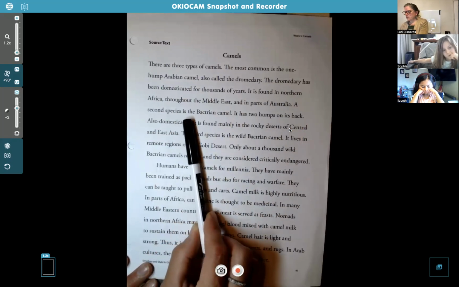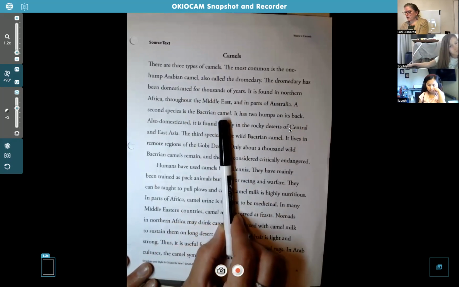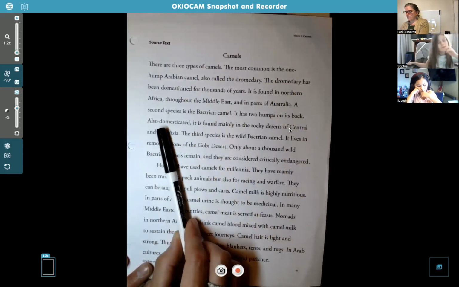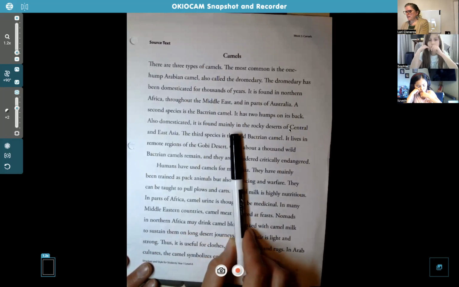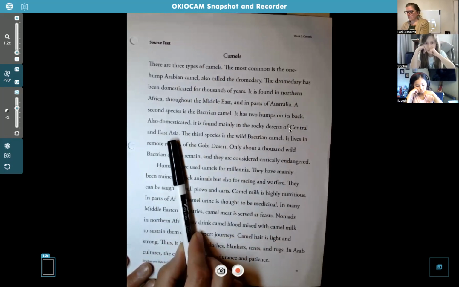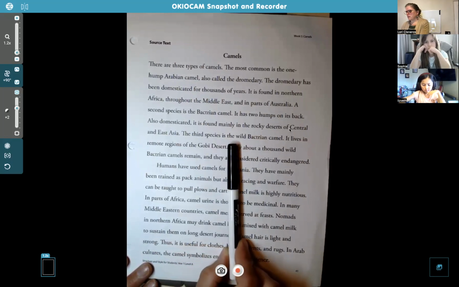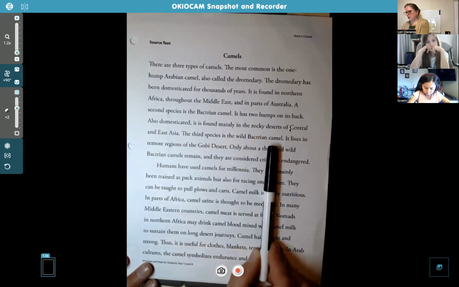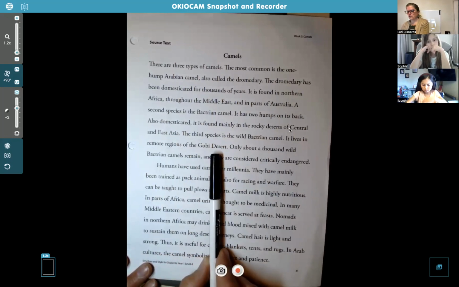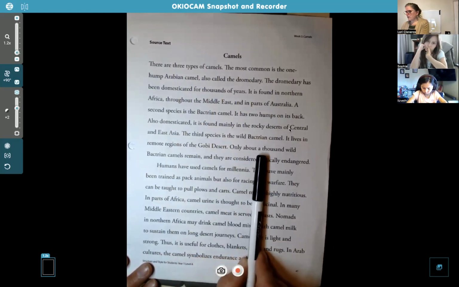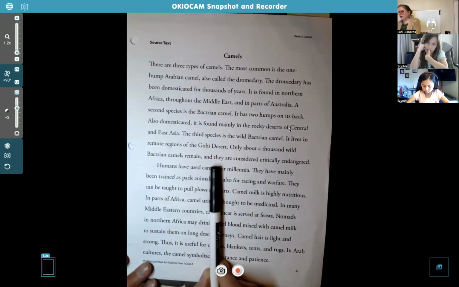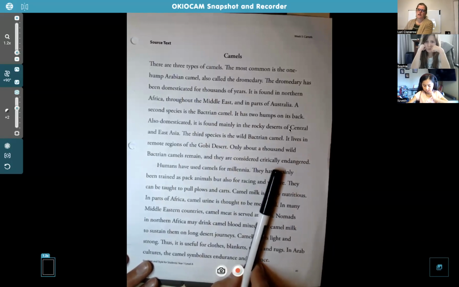A second species is the Bactrian camel. It has 2 humps on its back. Also domesticated, it is found mainly in the rocky deserts of Central and East Asia. The third species is the wild Bactrian camel. It lives in remote regions of the Gobi Desert. Only about 1,000 wild Bactrian camels remain, and they are considered critically endangered.